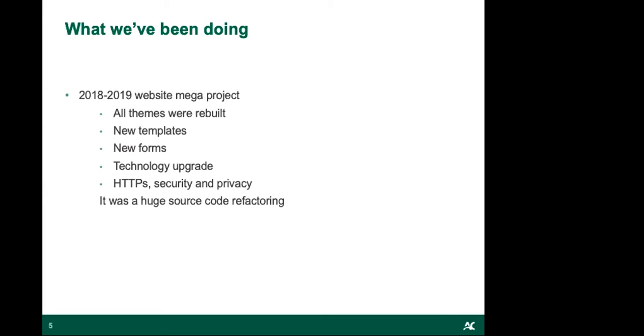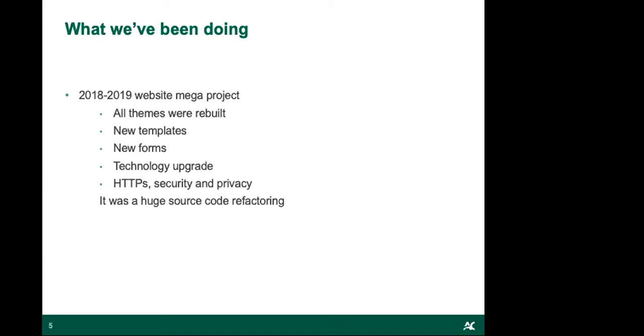I don't know if some of you have been working with our WordPress for a long time, but between 2018 and 2019, even 2017, we did kind of a huge website project where we rebuilt lots of things, lots of core functionality.